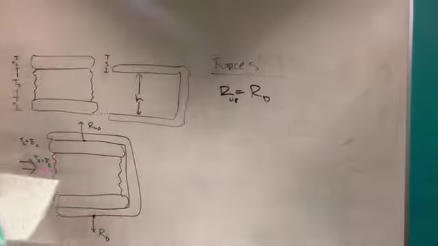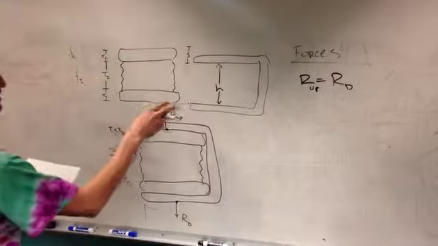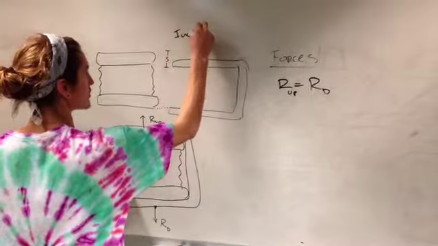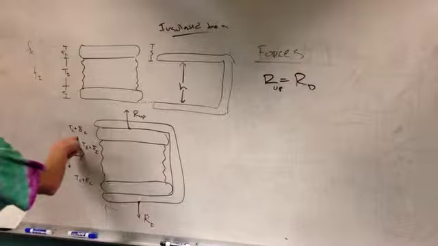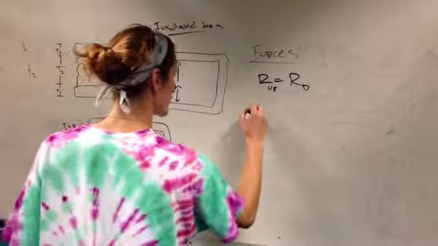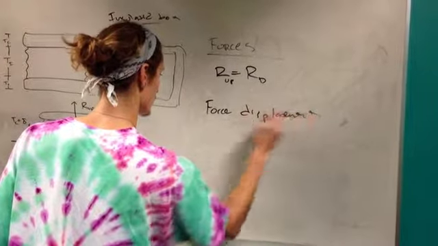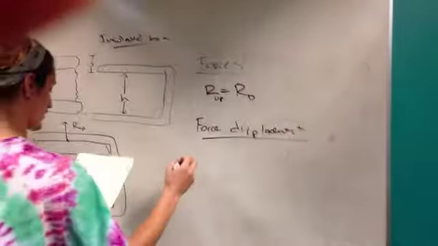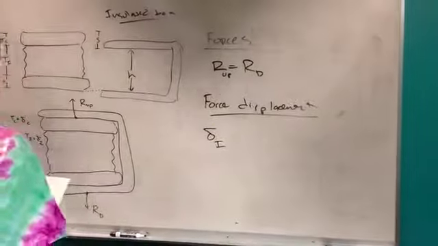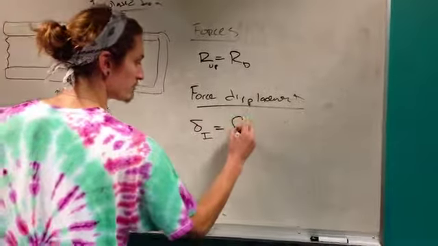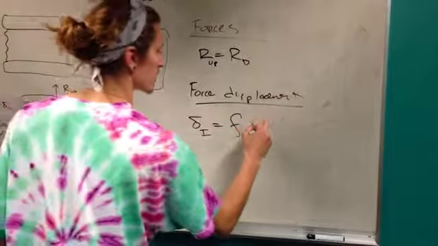Next, we apply the force displacement, since the dimensions of the cookie change when it is put into the insulated box. So the change in the thickness of the ice cream is equal to the flexibility of the ice cream times R up or R down, since they are the same thing.